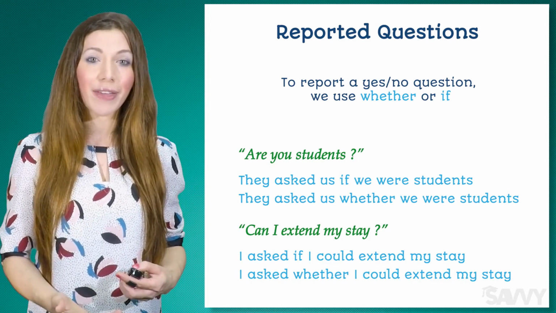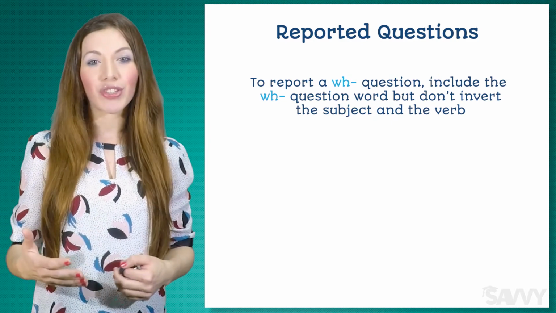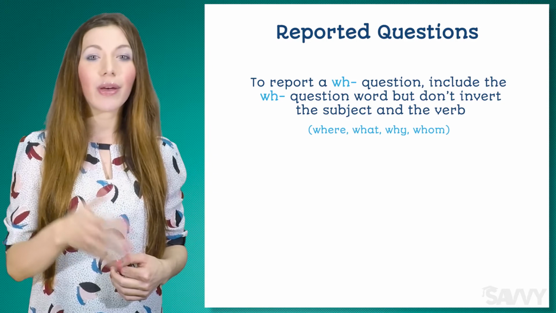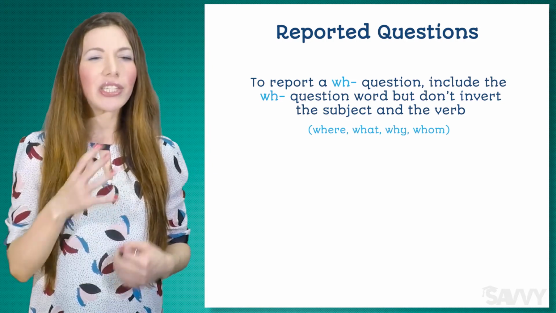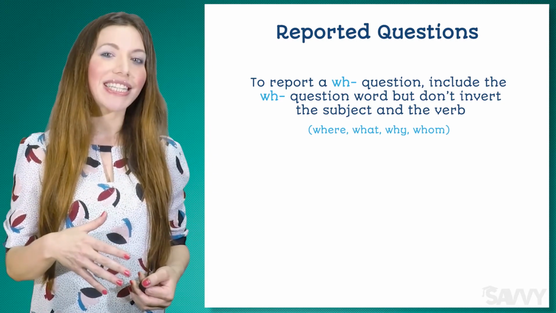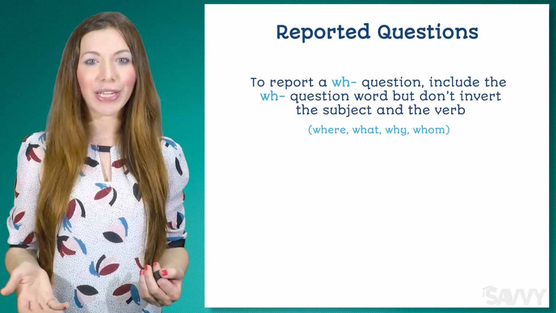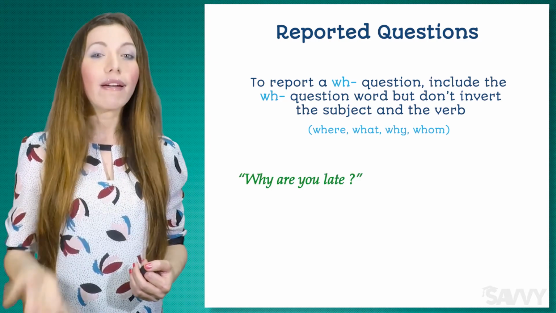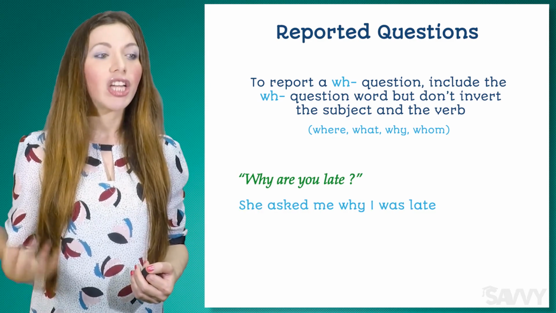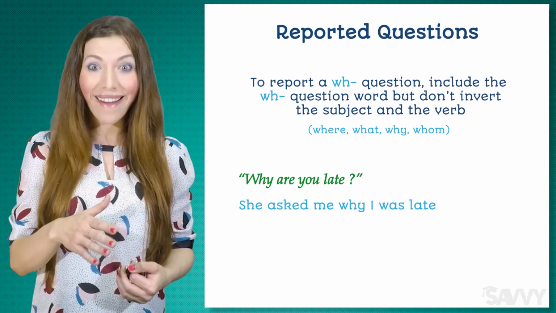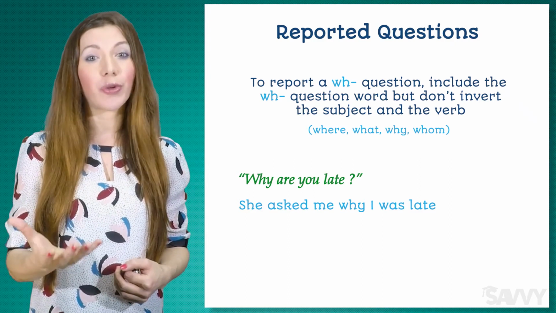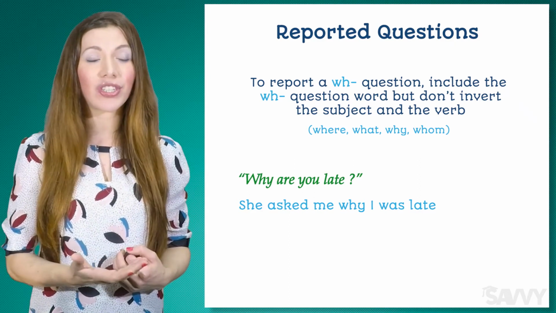To report a WH question, include the WH question word, so where, what, why, who, but don't invert the subject and the verb. What do I mean by this? So let's have a look at an example. "Why are you late?" She asked me why I was late. So I actually used why in my reported speech for the question.